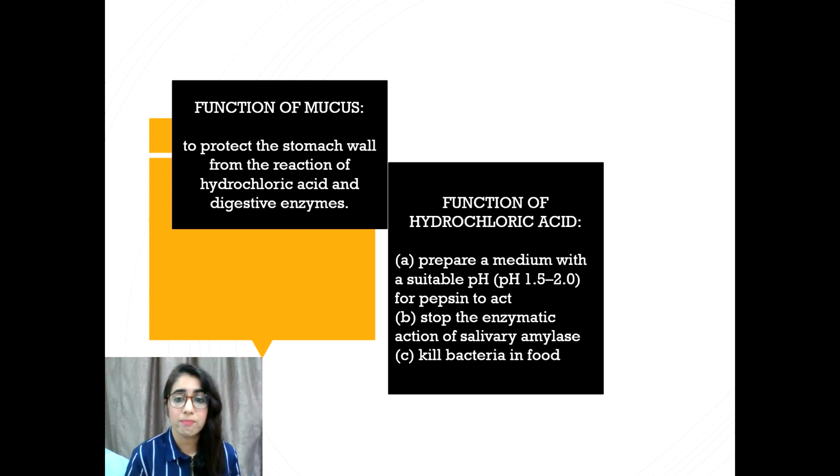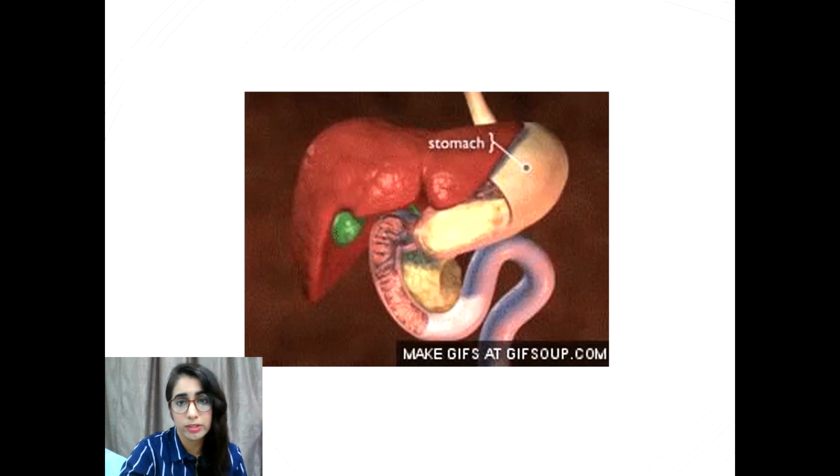So if you have bacteria in food, it's usually killed when it reaches the stomach. Now, the function of mucus is to protect the stomach wall from the reaction of hydrochloric acid and also the digestive enzyme.